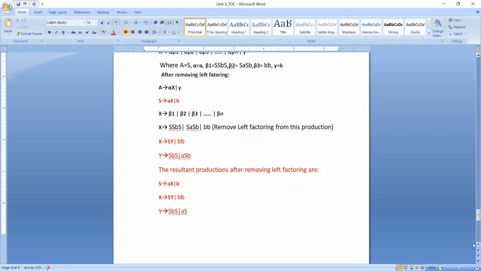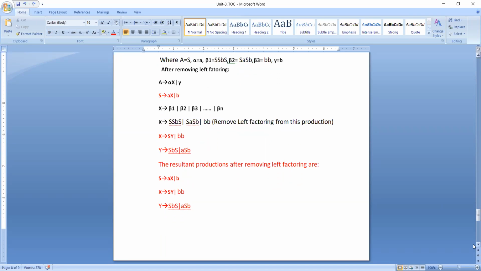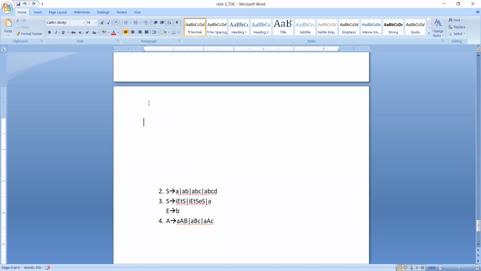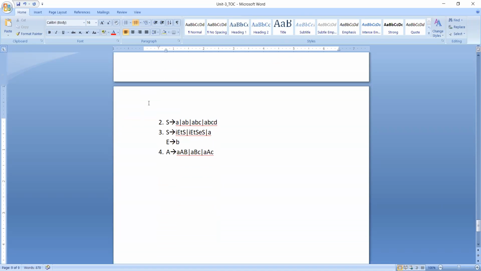Next, let us take one more example. We have plenty of examples available. Let us work it out with one more example. This time, this is our production. Have a look at this. What is the symbol which is common in all our productions? You can see here we have AB, AB, and AB.